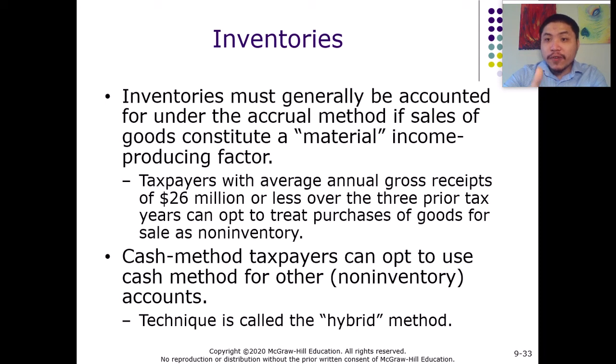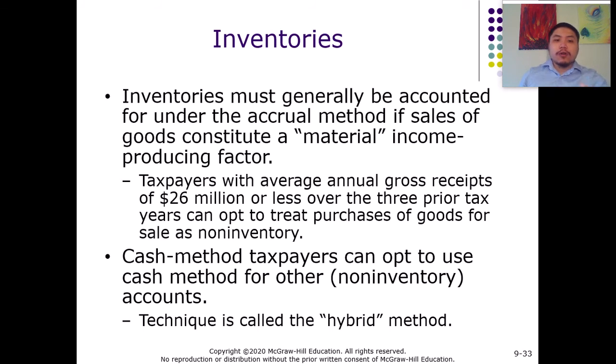Usually for inventory, once we buy inventory, it becomes part of assets. Basically, we have to capitalize the inventory, and then we cannot deduct the inventory until we make the sale. Then we can recognize cost of goods sold.